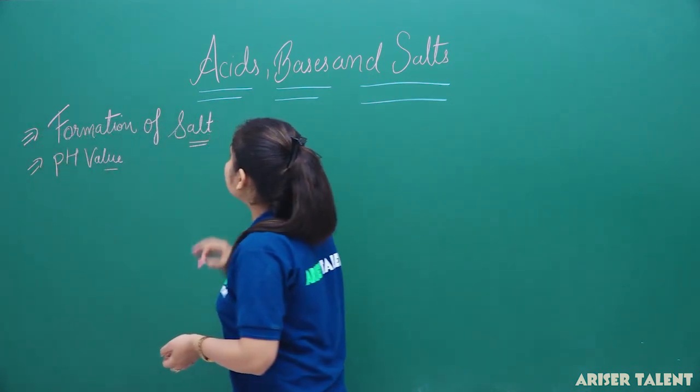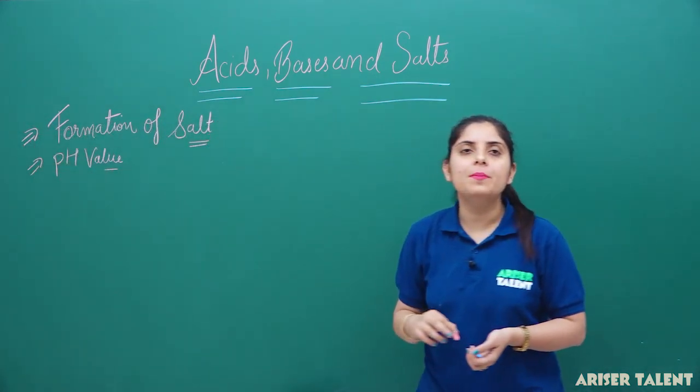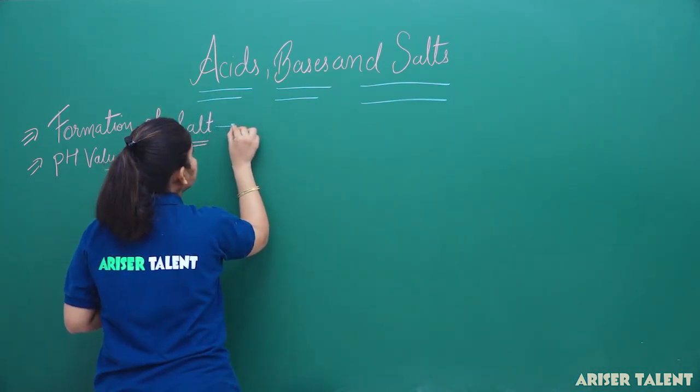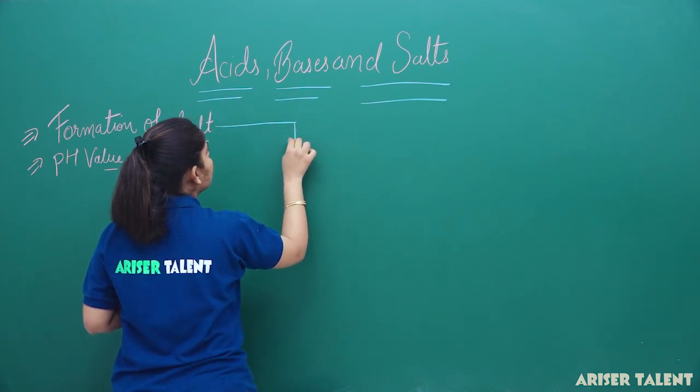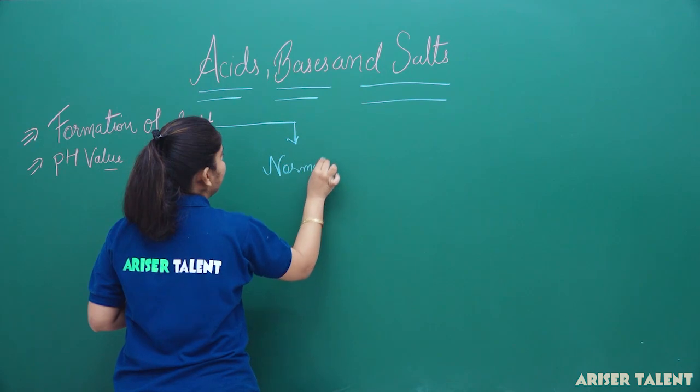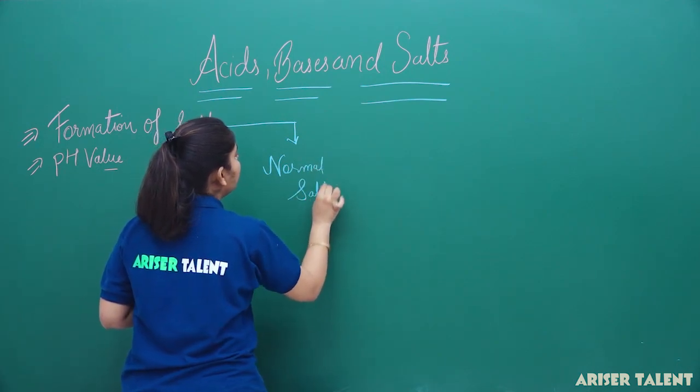So on the basis of the process of the formation or on the basis of the pH value. On the basis of the formation of the salt, we have the first category, that is normal salt, that we have already discussed.